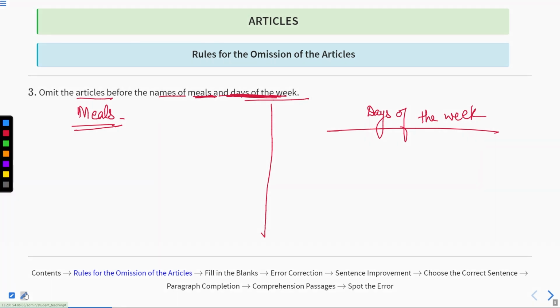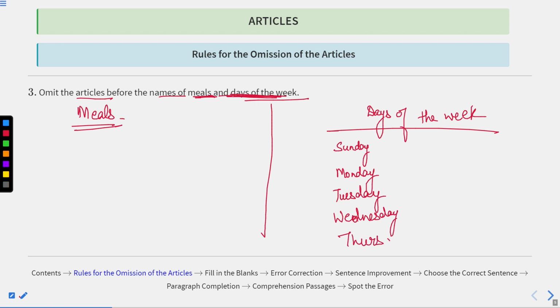Before the name of any day of the week, I cannot use an article. The days of the week are Sunday, Monday, Tuesday, Wednesday, Thursday, Friday, Saturday.